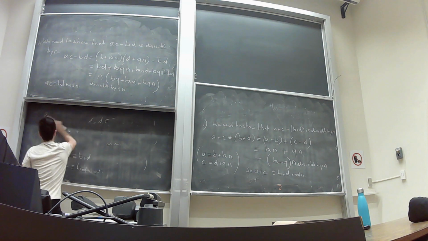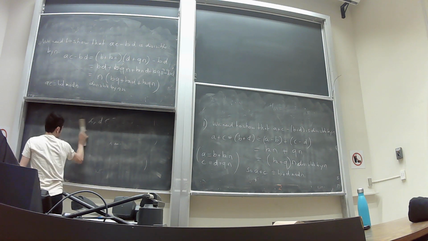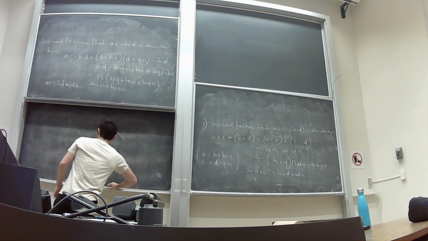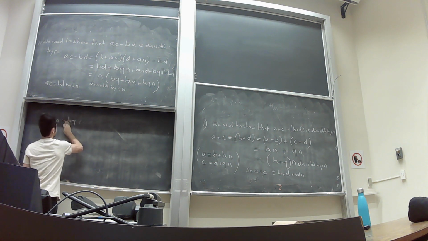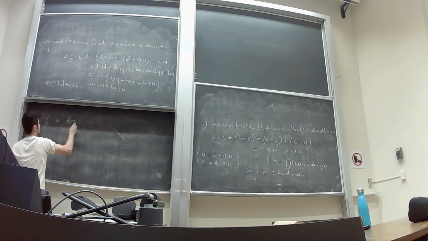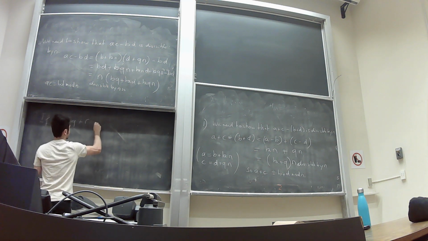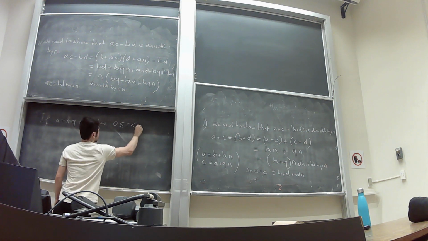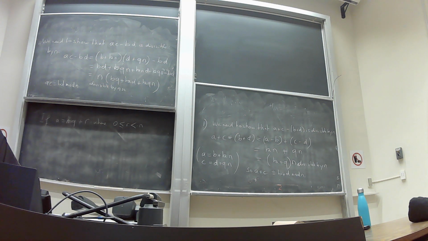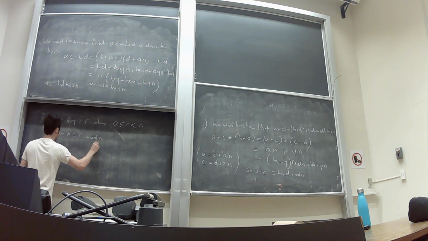Let's give some examples. If A is equal to NQ plus R, where 0 ≤ R < n, this is the Euclidean division by n, then A is congruent to R mod n.